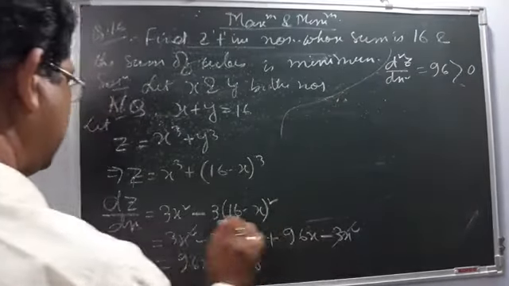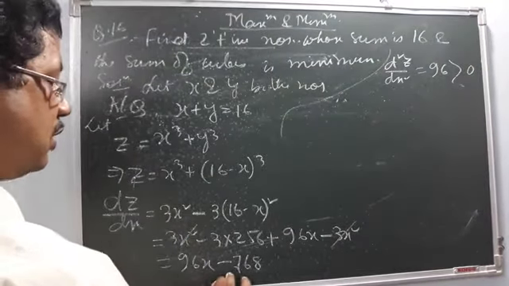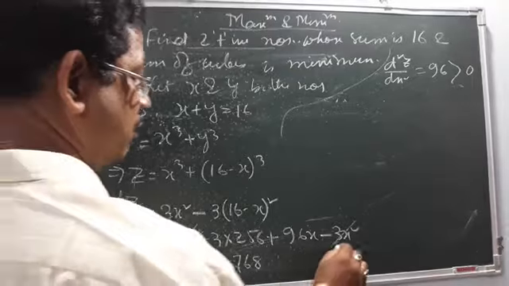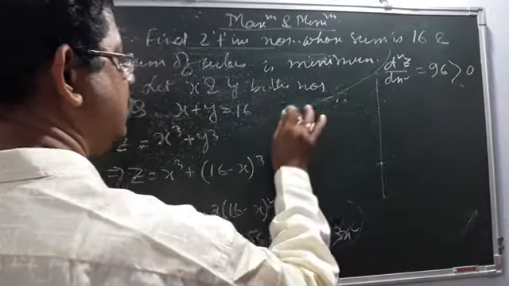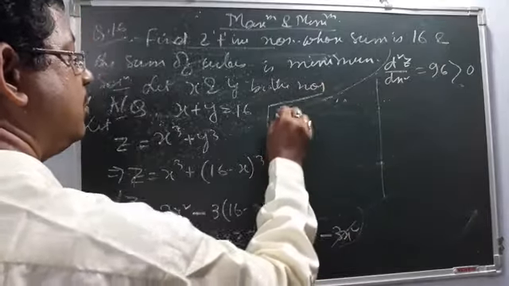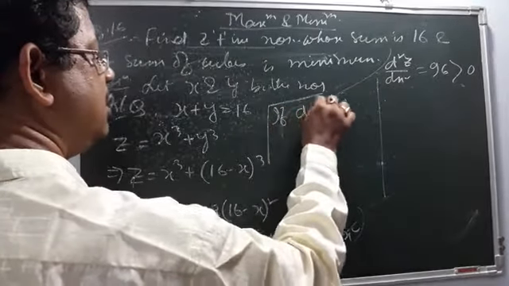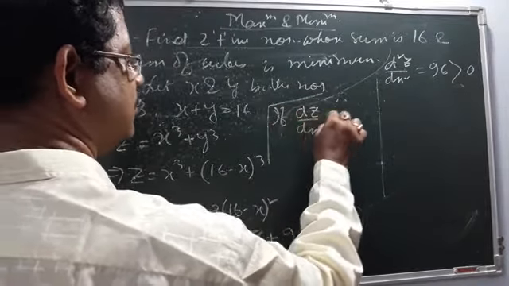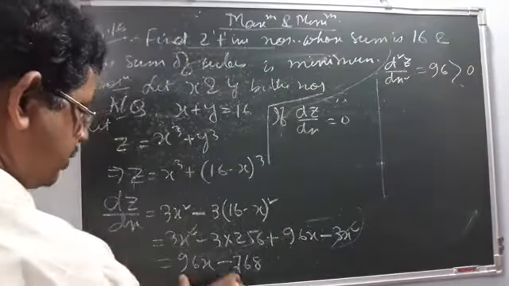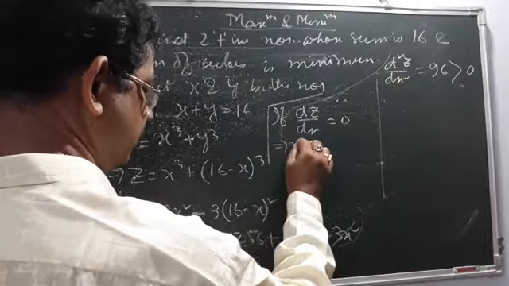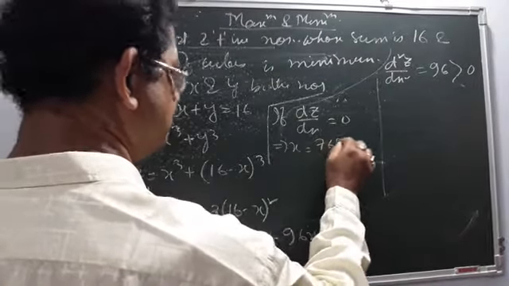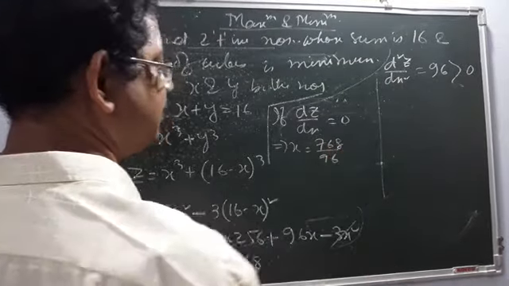Therefore, now one more step we have to do here: take dz/dx equal to 0. That means 96x − 768 is 0, which implies x = 768/96.